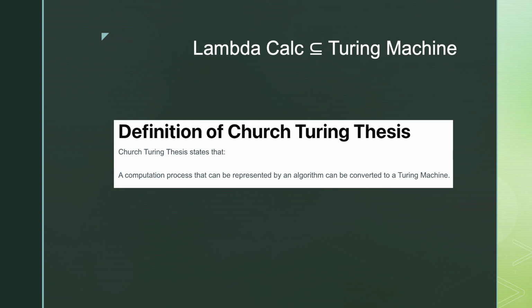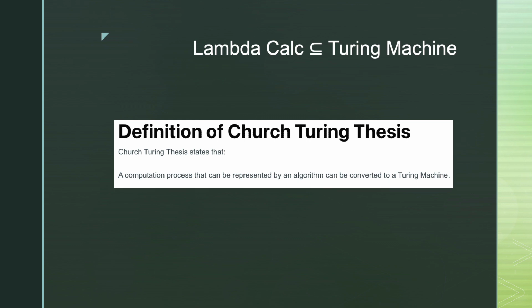In order to begin our proof of equivalence between lambda calculus and Turing machines, we're going to show that we can write an interpreter in each for the other. Writing an interpreter for lambda calculus within a Turing machine is something that is given to us by the Church-Turing thesis.